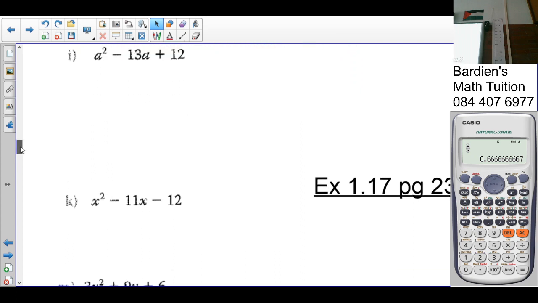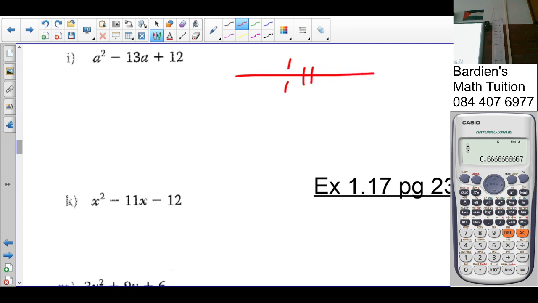Next one. What goes on the line? 1 and 1. For 12 it is 1 and 12, 2 and 6, 3 and 4. Do we add or subtract the products? We add them. So 1 times 12 is 12, 1 times 1 is 1. 12 plus 1 is 13.